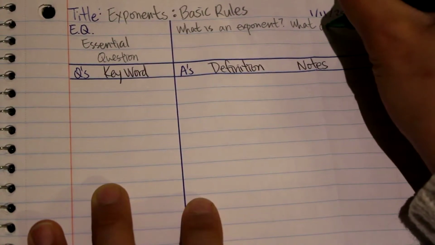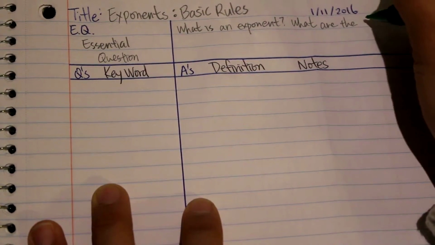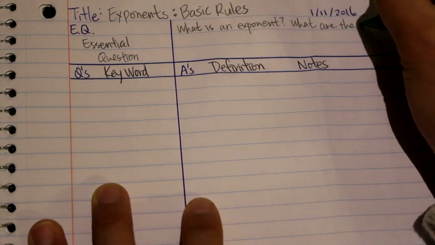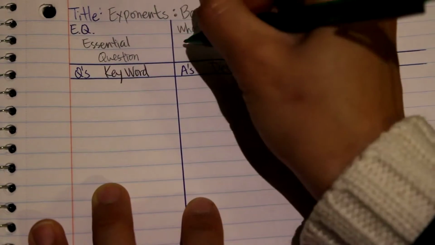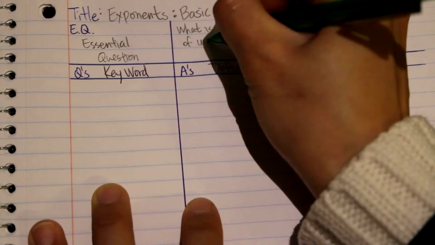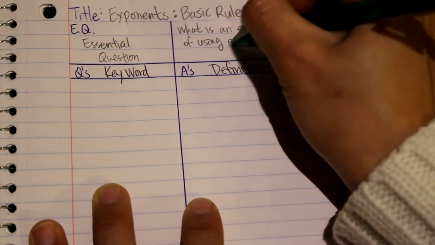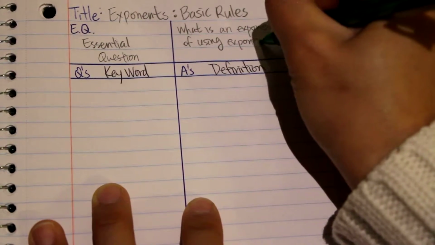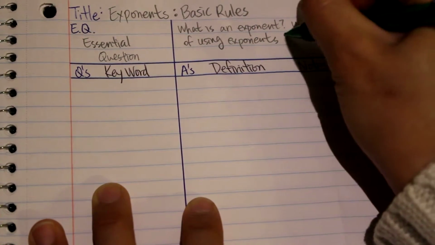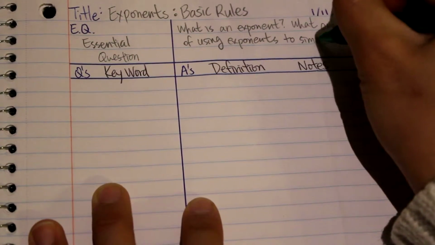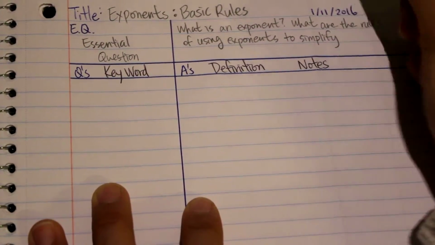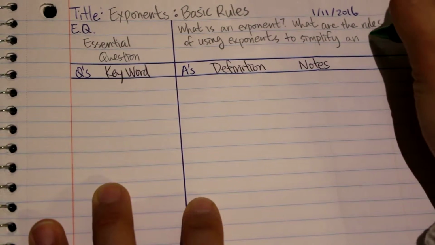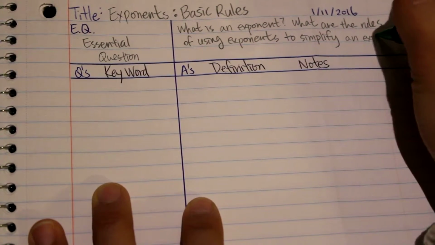What are the rules of using exponents to simplify an expression or solve an equation?